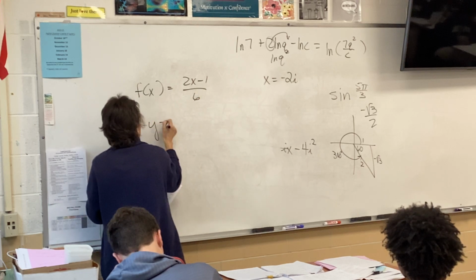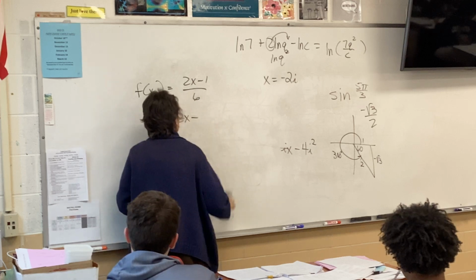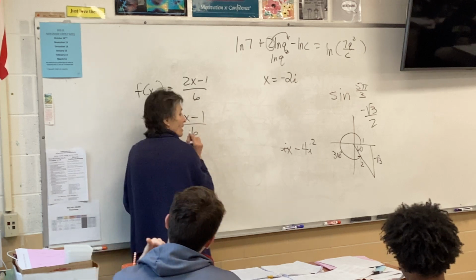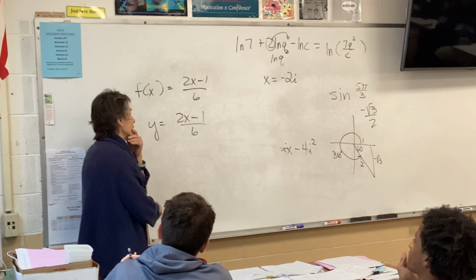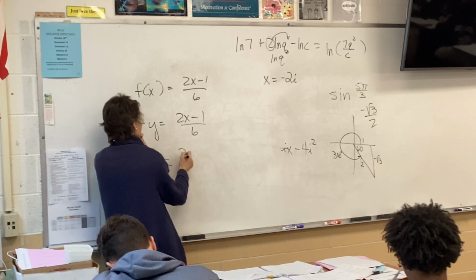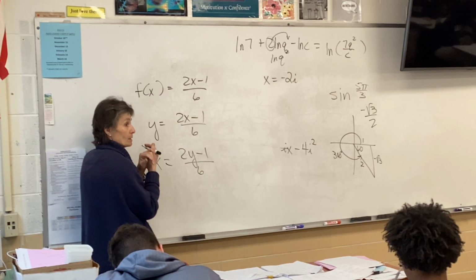Remember, f of x is the same as y. So we're finding the inverse of this, right? Who remembers how we do that? What do we do to find the inverse? We switch the variables and then solve for y.